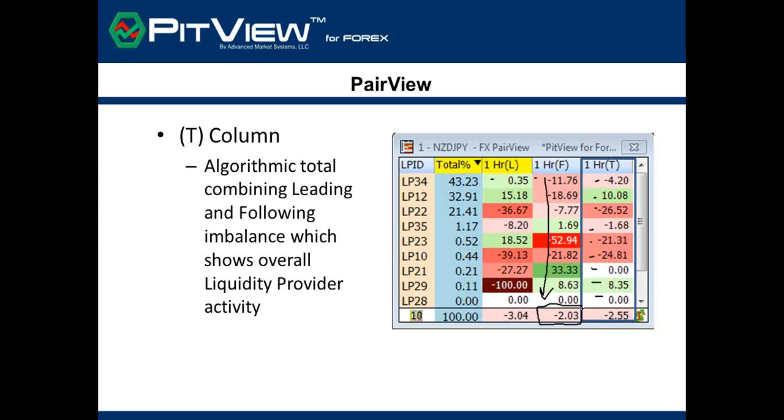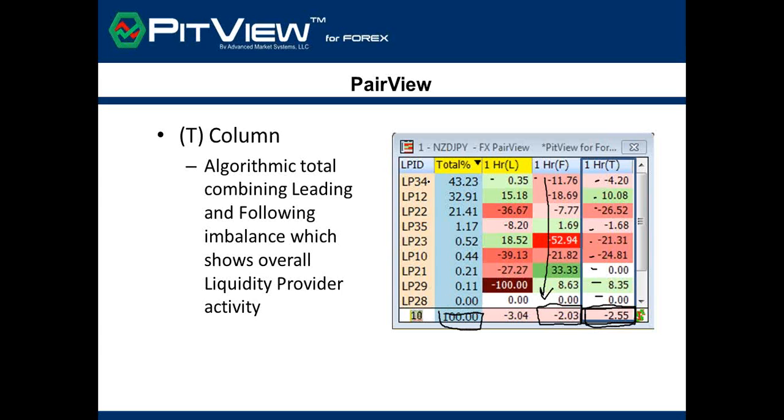The part that students always ask me is, which column do you usually look at, Steve? To be honest with you, a lot of my trades, and a lot of the live trades I do with my students, are using PitView. I'll generally have my pair view up, and I'll only have this column right down here open to show me the total amount of activity at the bid and ask price for 100% of the market maker activity.